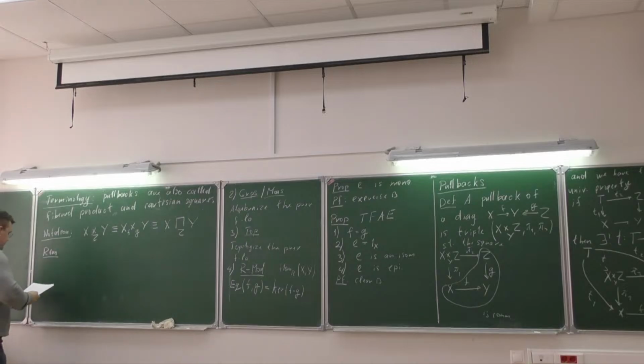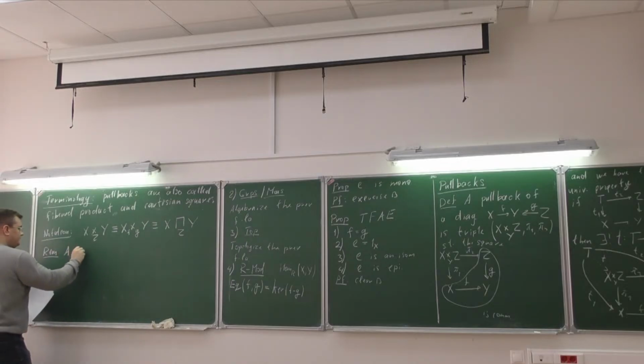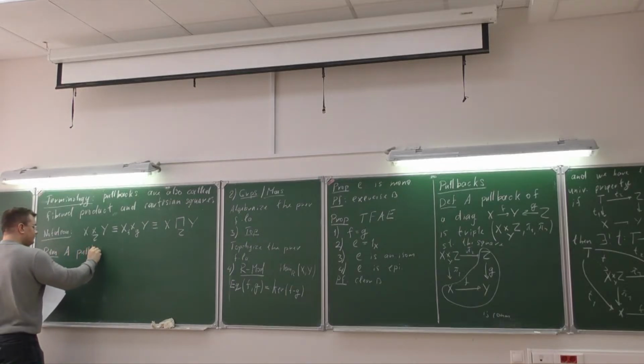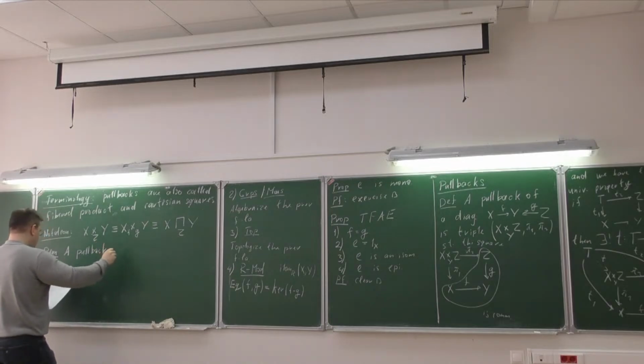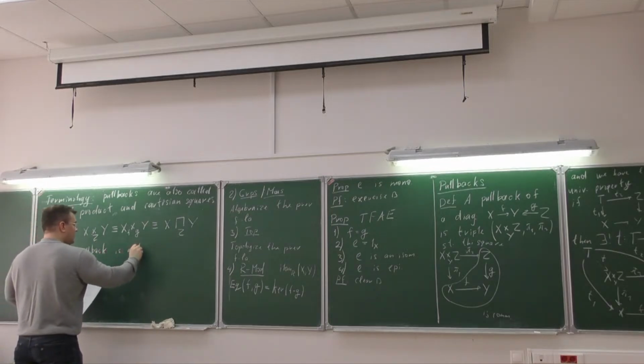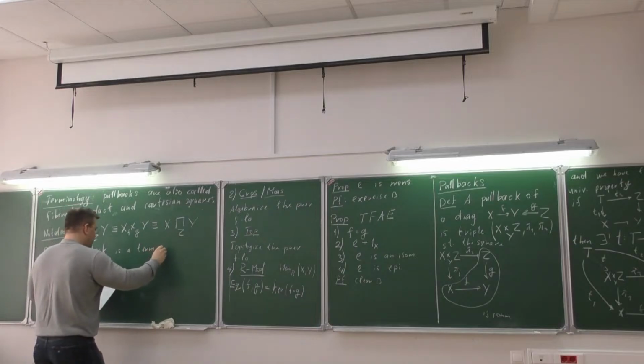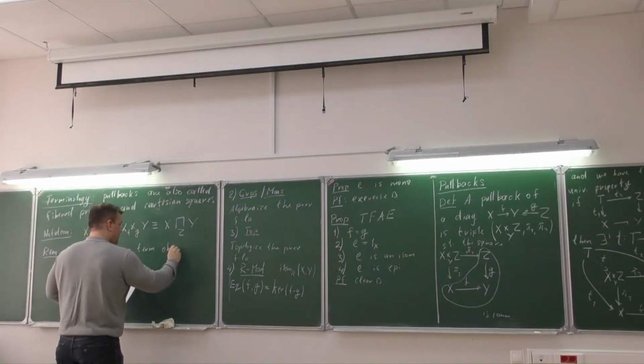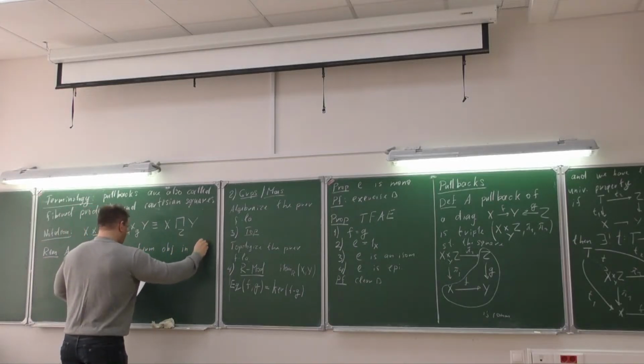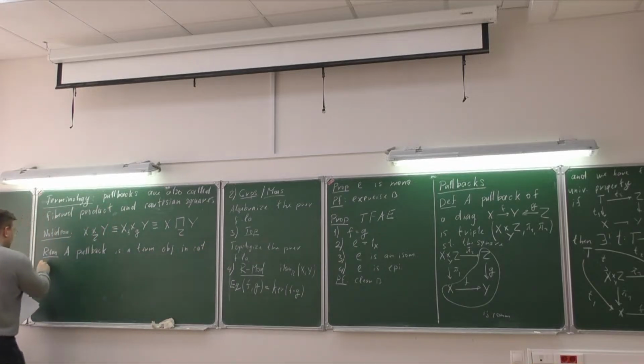Okay, so that was a remark about terminology and notation, and let me also formulate this remark about the cones. So remark: a pullback is the terminal object in the category of cones. Well, I didn't use this term on the last lecture, but perhaps I should use it.